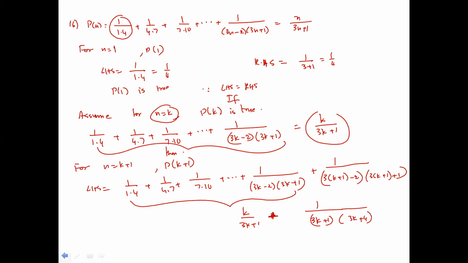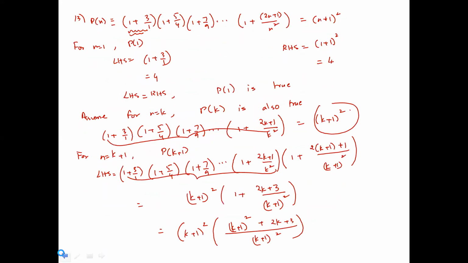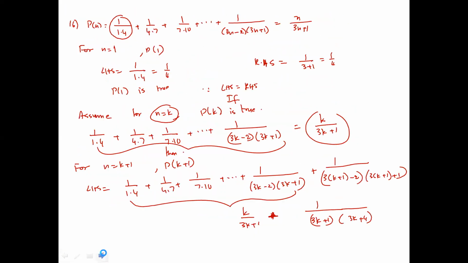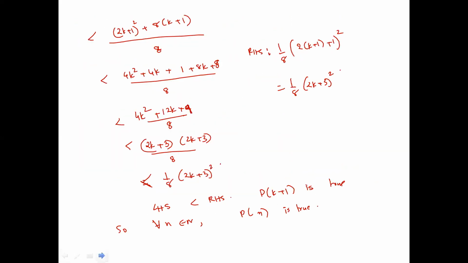Next, we will go to question number 19. We have done a lot of terms, but now we have to go to 19. The statement P of n is n into n plus 1 into n plus 5 is a multiple of 3, that means it is 3 into m.